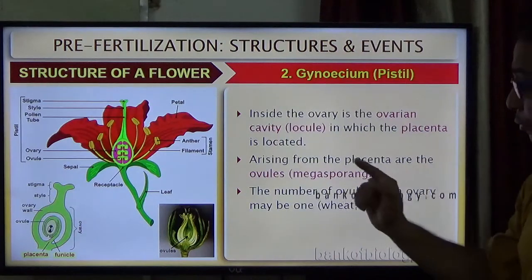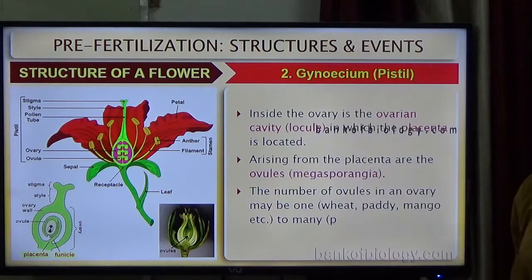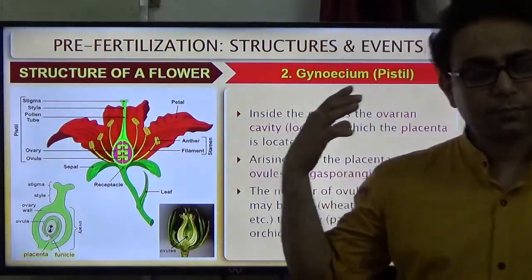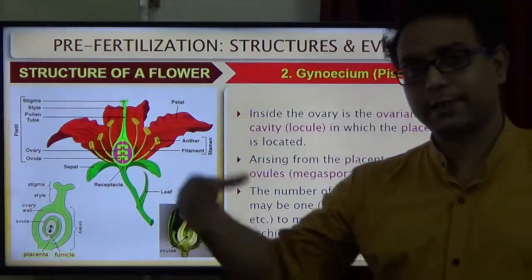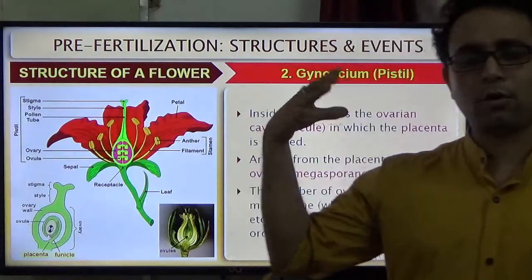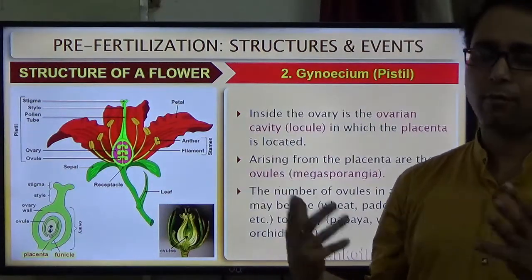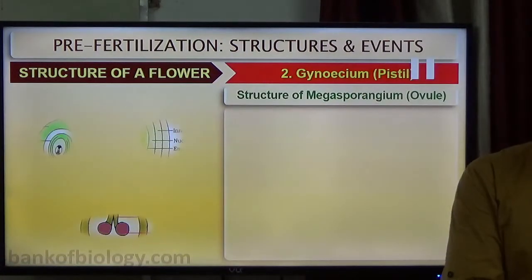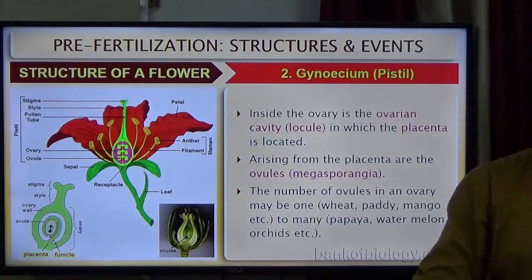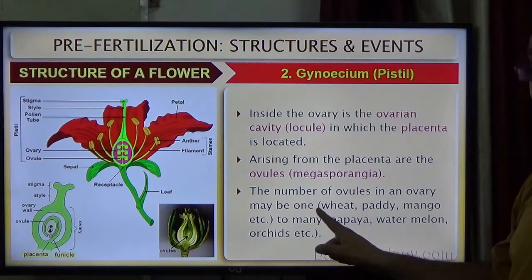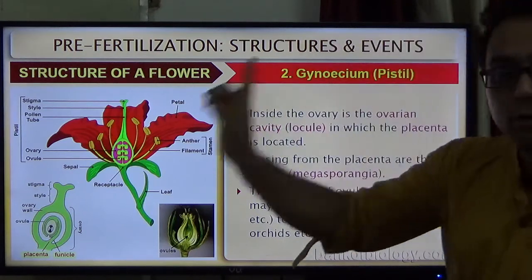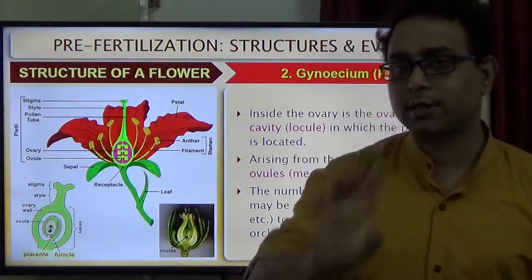The number of ovules in the ovary may be 1. So we already know that from the ovule the seed is produced. Many plants have 1 seed, many plants have many seeds. In that format, some plants like wheat, paddy, and mango have only 1 ovule, so they have only 1 seed.